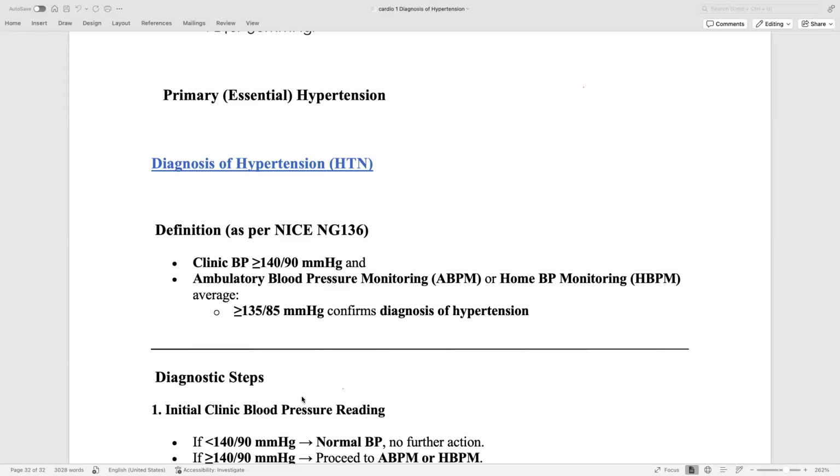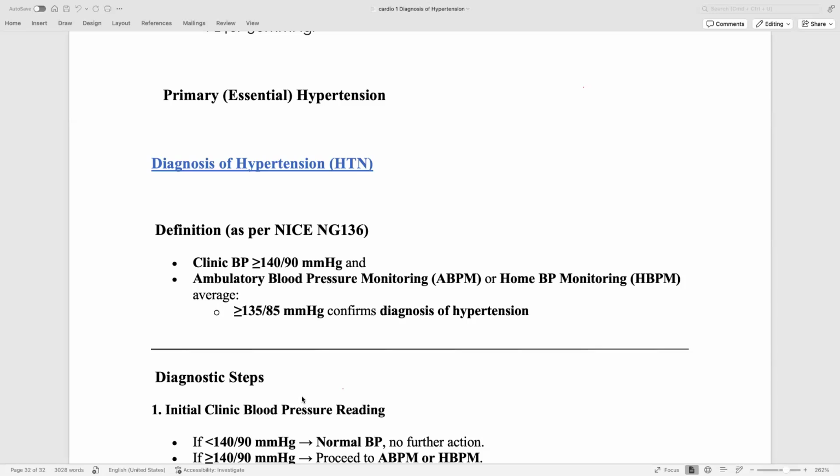Here, for the blood pressure, we need either home monitoring after the clinic. The clinic is high. We need to measure. We need to compare. How to compare? Either by home monitoring or ambulatory device. Which one is better?